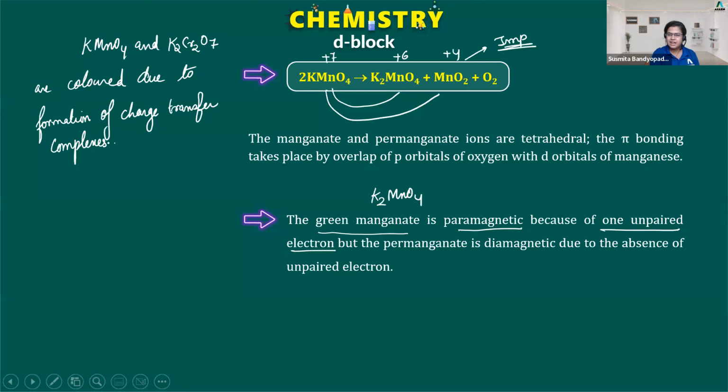No more details they ask. There's some HOMO-LUMO concept: highest occupied molecular orbital and lowest unoccupied molecular orbital. Okay, leave it. So they are colored due to the formation of charge transfer complexes, not due to d-d transition. This will do.